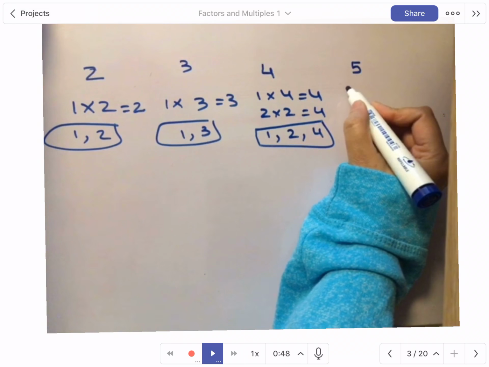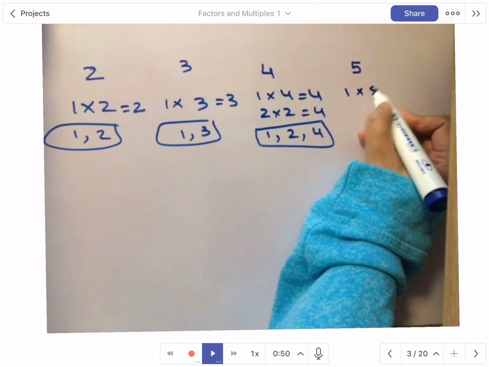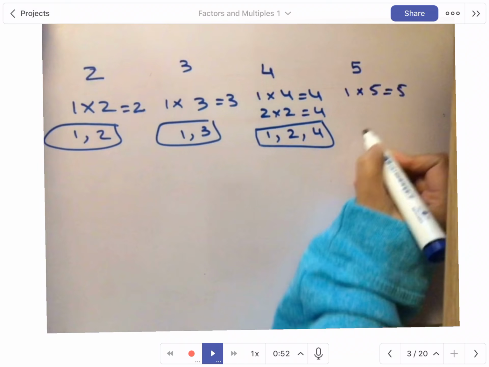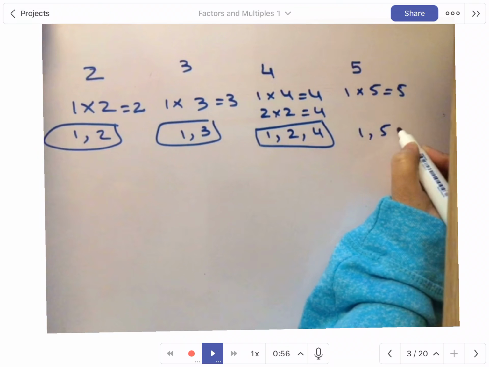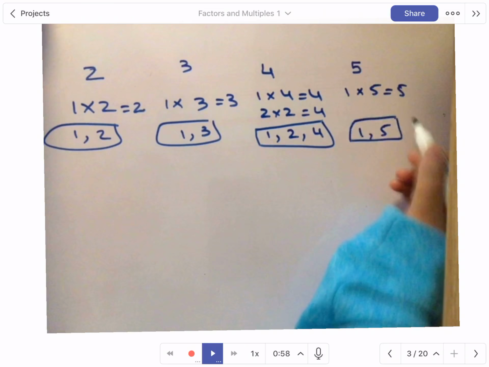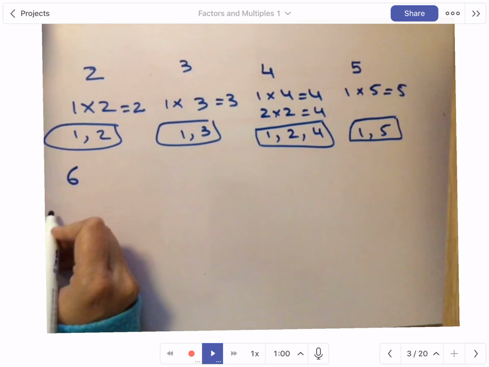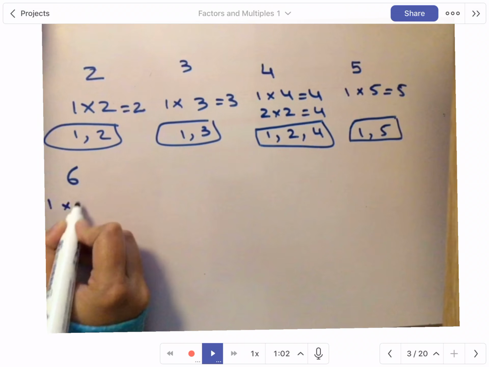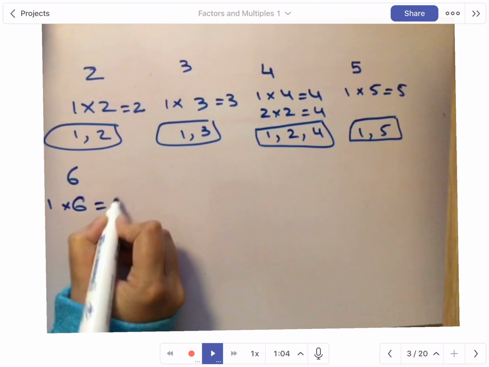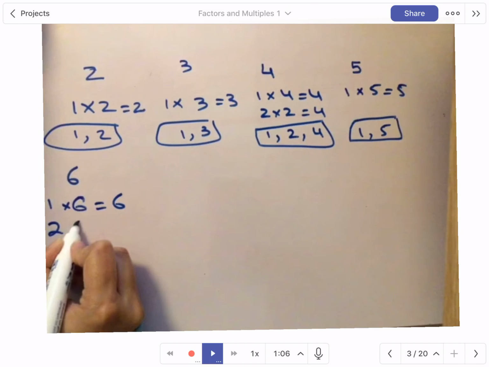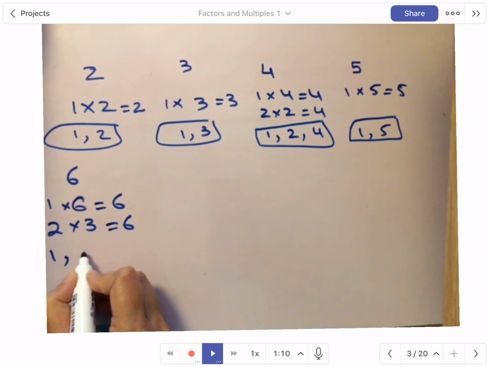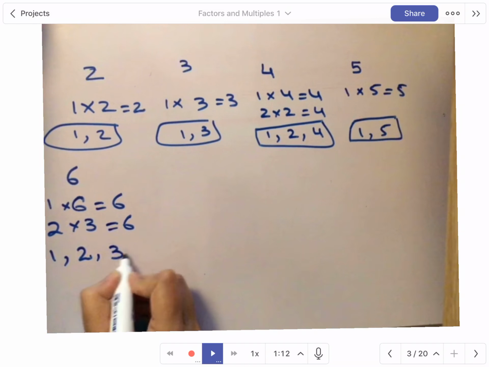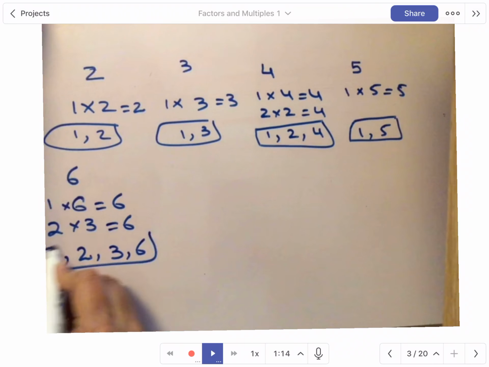Let's see what happens with the number 5. 1 times 5 is equivalent to 5. 5 is not divisible by any other number, so the factors of 5 are 1 and 5. And the factors of 6: 2 times 3 is equivalent to 6, and 3 times 2 is also 6. So 1, 2, 3 and 6.